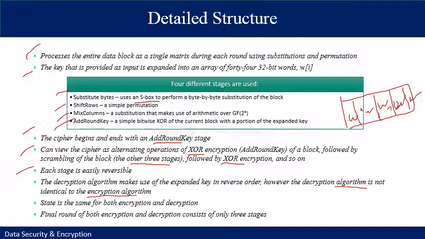Once it is established that all 4 stages are reversible, it is very easy to verify that decryption does recover the plain text. At each horizontal point, the state is the same for both encryption and decryption. And finally, the final round of both encryption and decryption consists of only 3 stages.